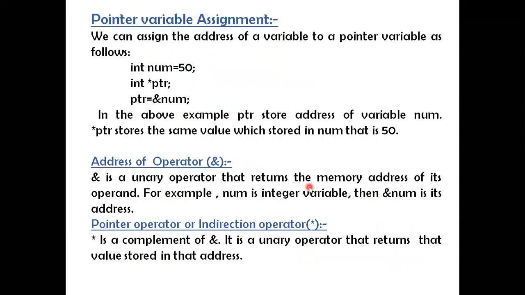Now the most interesting and most important topic is pointer variable assignment. How to assign a pointer variable is the most important. We can assign the address. We are not assigning the value. We can assign the address of a variable.